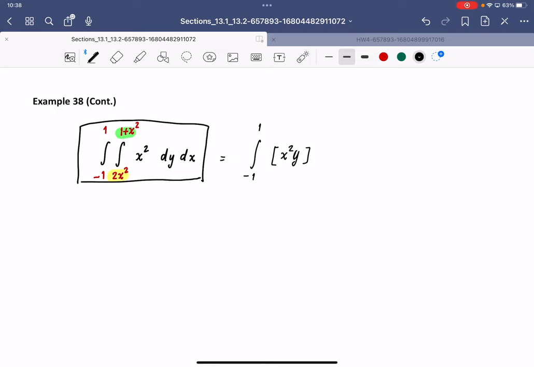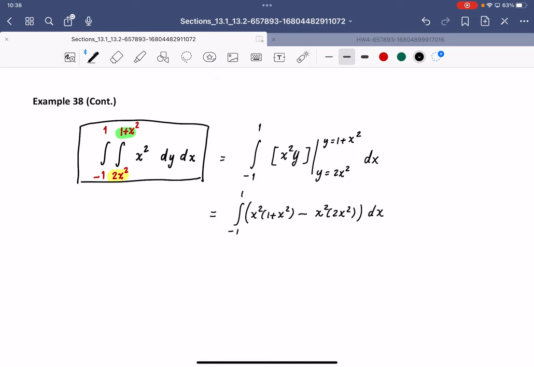Because you integrate with respect to y, and then the x here, and then now you integrate by plugging in 1 plus x squared, and then minus x squared times 2x squared dx.